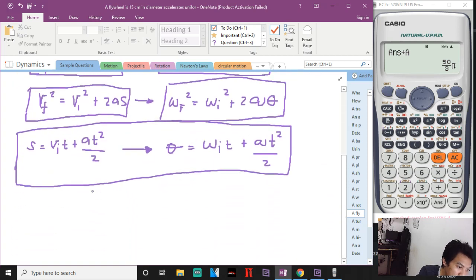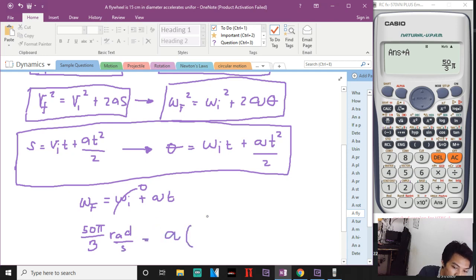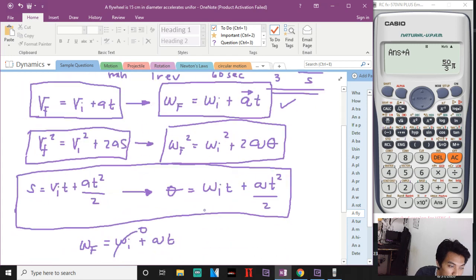Now, ilista ko ulit yung formula. So, this will be omega F equal to omega I plus alpha times T. Kaya lang ito, naka-zero to kasi nag-start from rest. Okay? So, mayroon ka lang value ng omega F. This will be 50 pi over 3 radian per second. Equal to alpha. Wala tayo niyan. And then, given naman yung T. Ano ba yung T dyan? It is 20 seconds.